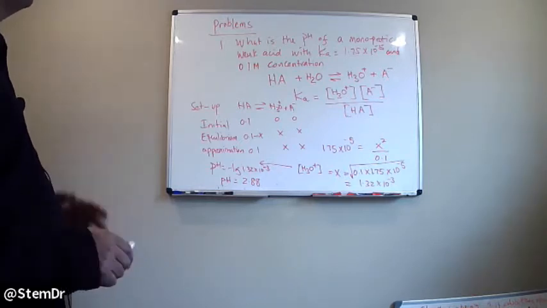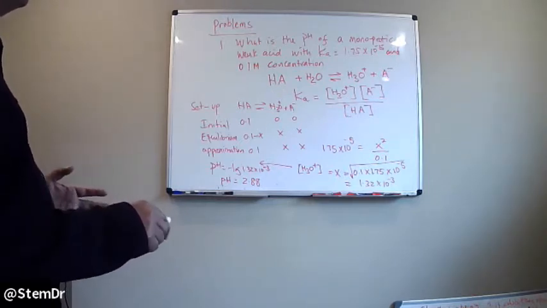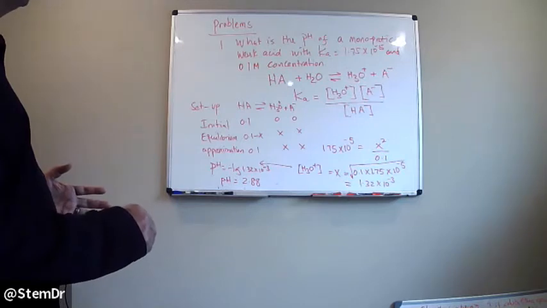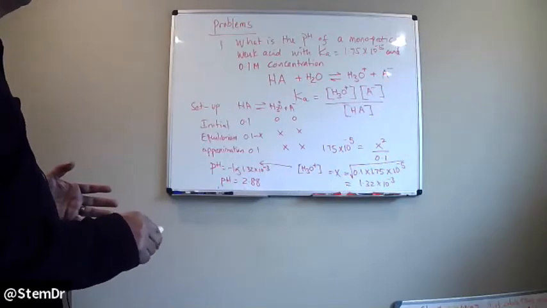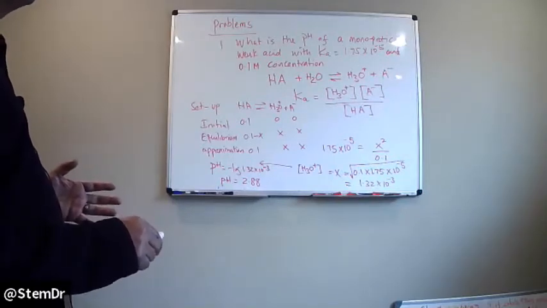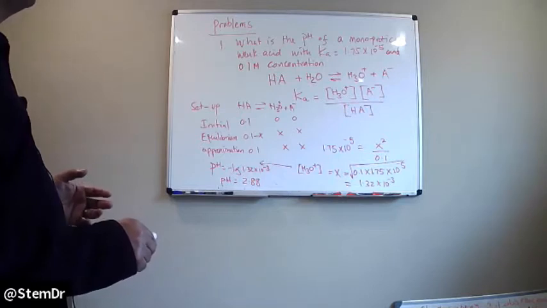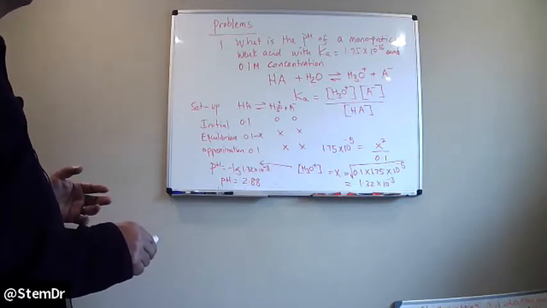We just need to set up an equation. It's a monoprotic acid, it has only 1 proton. And in aqueous medium, this is the dissociation equilibrium that you can find. So you have hydronium ion and the conjugate base.